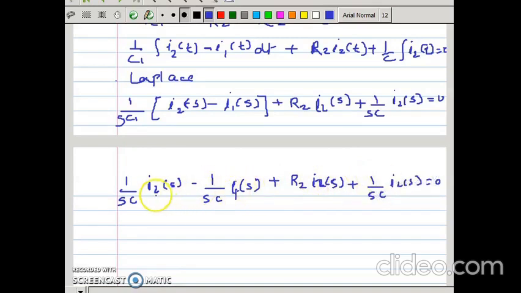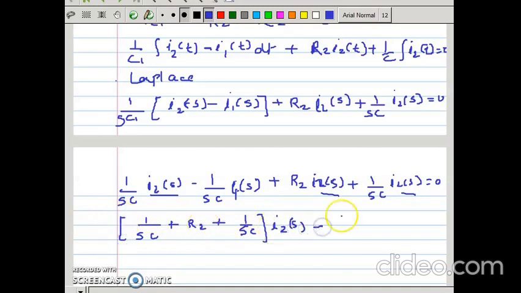Can we take I2 of s common from these three terms? So, 1 upon sC1 plus R2 plus 1 upon sC2, outside is I2 of s, minus 1 upon sC1 I1 of s.